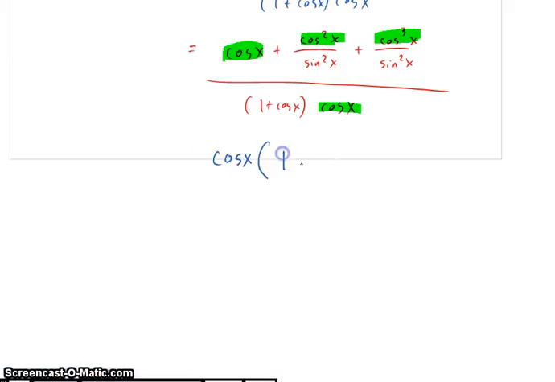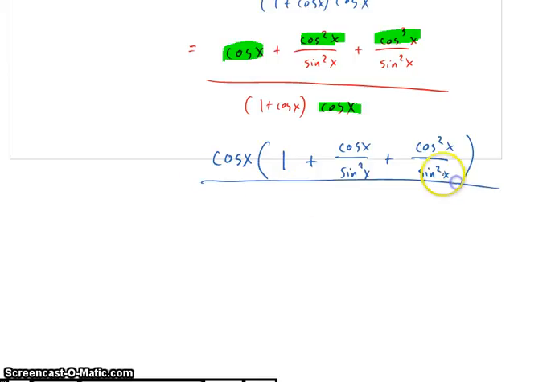I'm going to get 1 plus cosine of x over sine squared of x plus cosine squared x over sine squared x. And then I've got 1 plus cosine of x times cosine of x. All right, so the cosine of x's cancel.